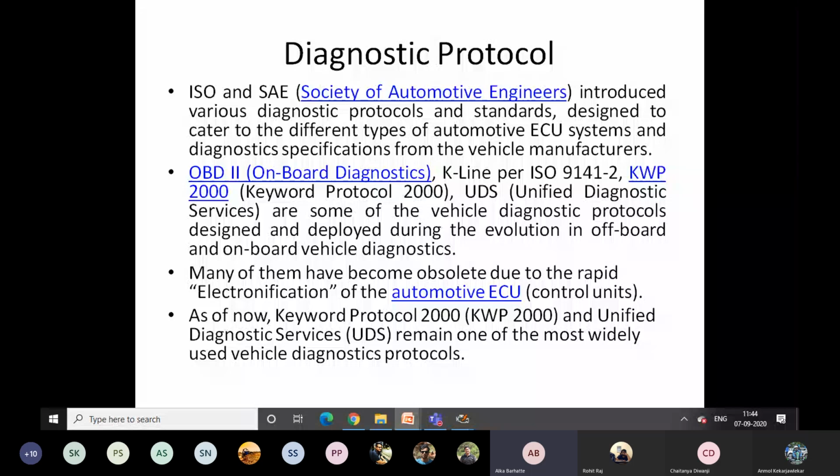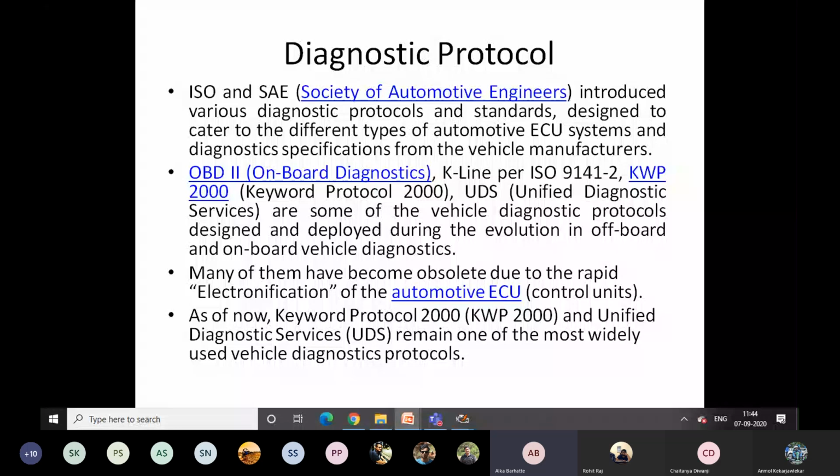These are the rules used for transferring your diagnostic codes to the PCM, or for communication between the tester and the ECU, and how this information will be transferred. Defining those standards is nothing but your diagnostic protocol.